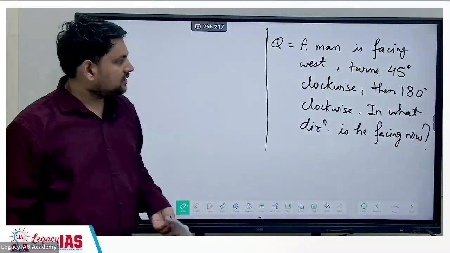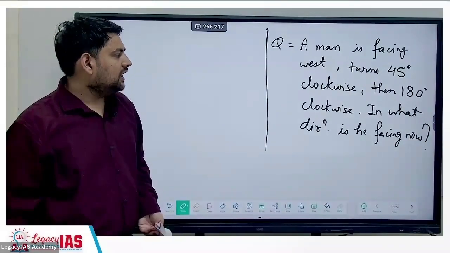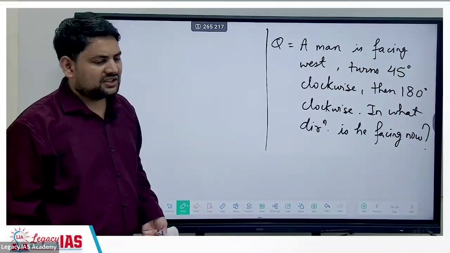A man is facing west, turns 45-degree clockwise, then 180-degree clockwise. In what direction is he facing now?